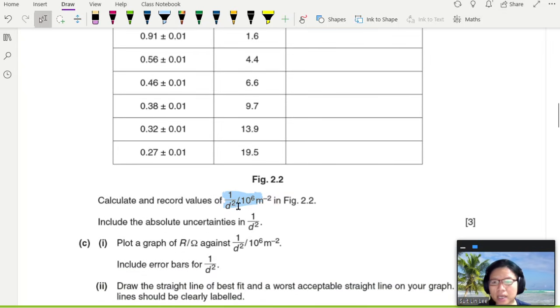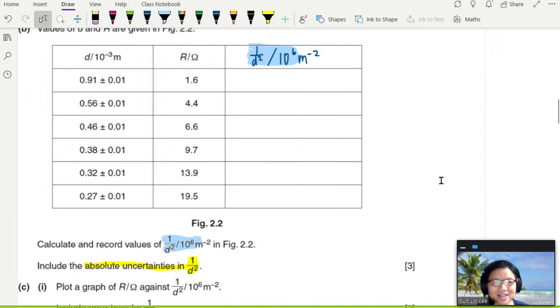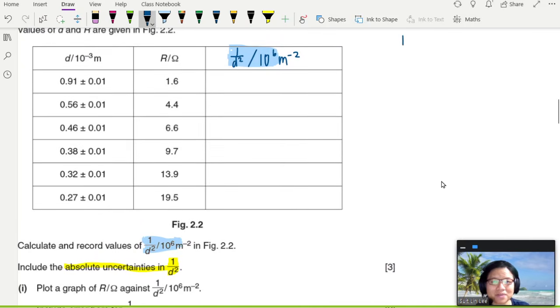Right? And then, oh, we have to find the absolute uncertainties in 1 over d square. So this is what I meant by using identities. So if you are actually a bit observant, these 1 over d square, some people will say this is d to the power of negative 2, right?